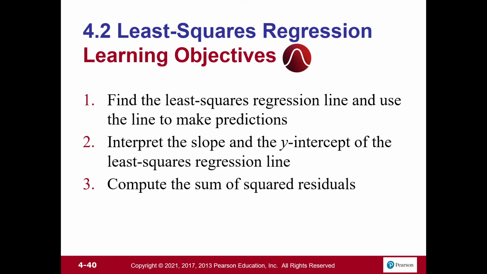When we have a scatter plot that has a strong linear formation and we know the direction, we can compose a least squares regression line. We need to be able to interpret the slope and the y-intercept of the line, and also compute the sum of squared residuals.